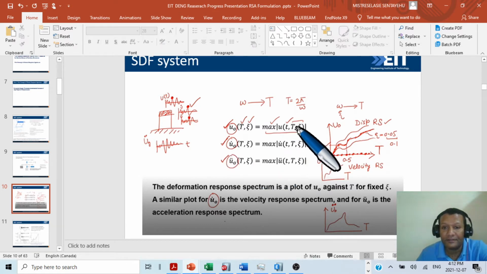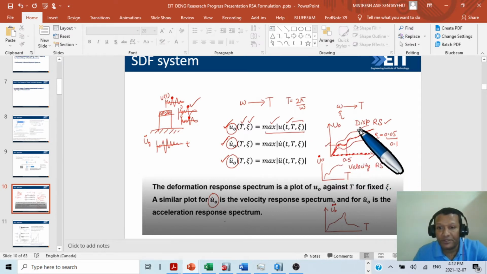This will be for a given damping ratio, and the damping ratio should be constant. As you can see, if the damping ratio is very high, the response spectrum will be lower. If the damping ratio is 0, the response spectrum curve will be higher.